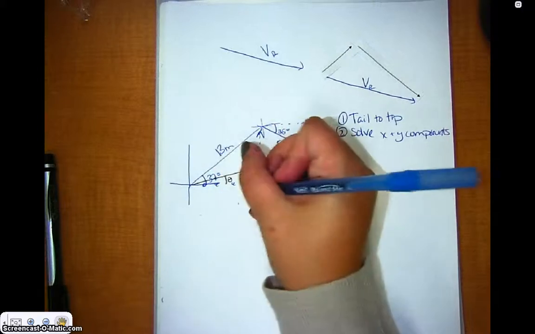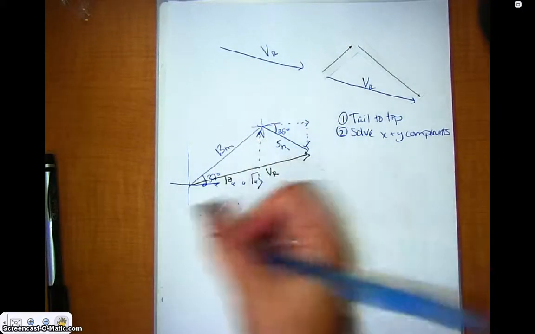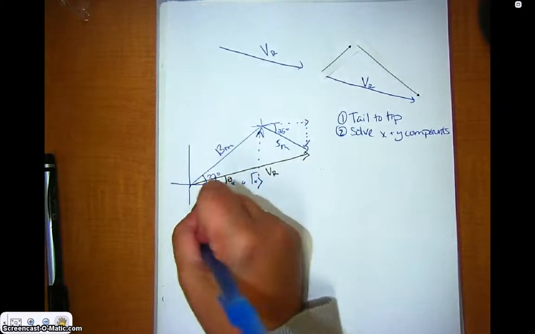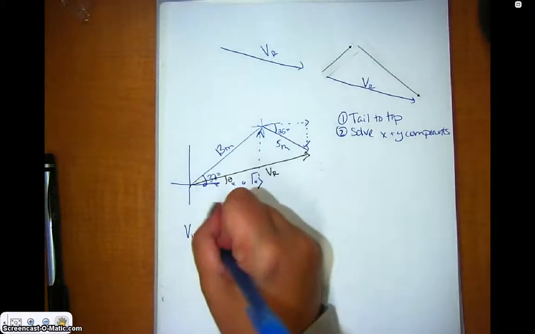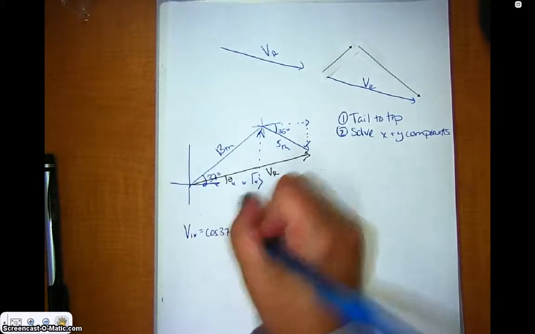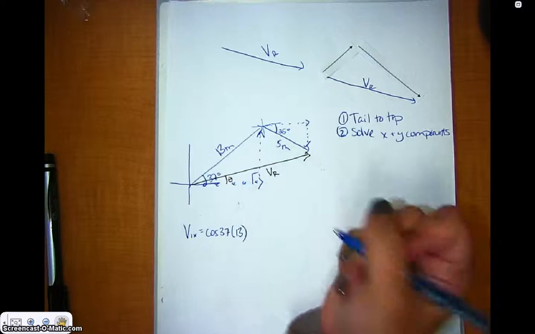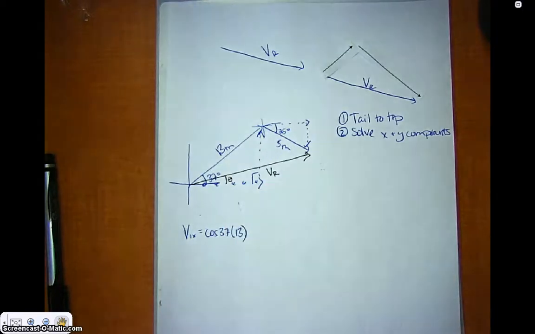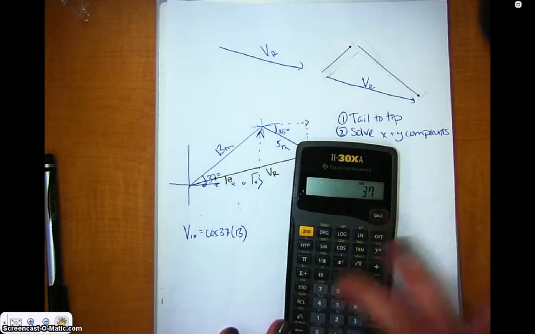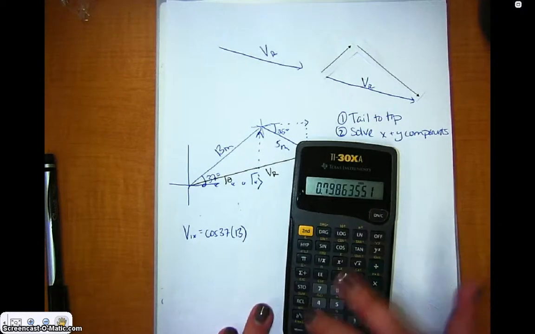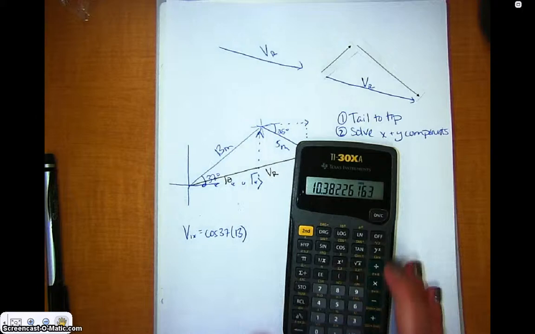In order to solve for this side, here's my right triangle there. To solve for the x of the first, I'm just going to call it vector 1x. I would take the cosine of 37 and multiply it by the side, which would be 13. All right, let me grab a calculator here. So cosine of 37 times 13 gives me 10.38.